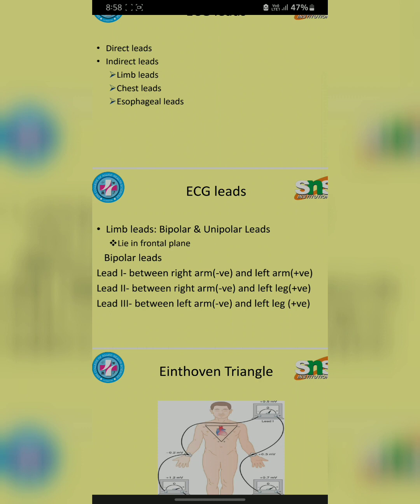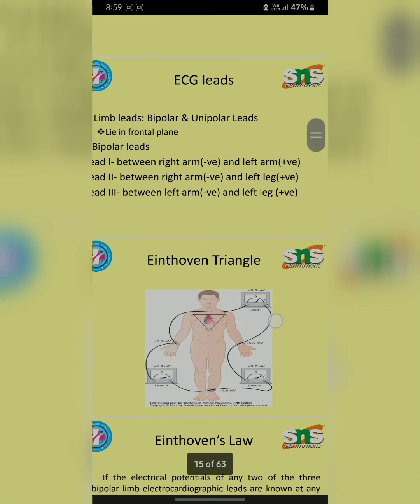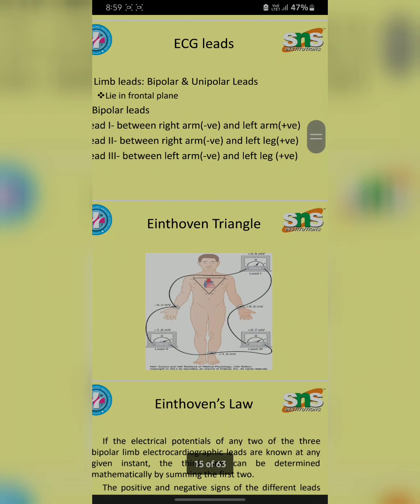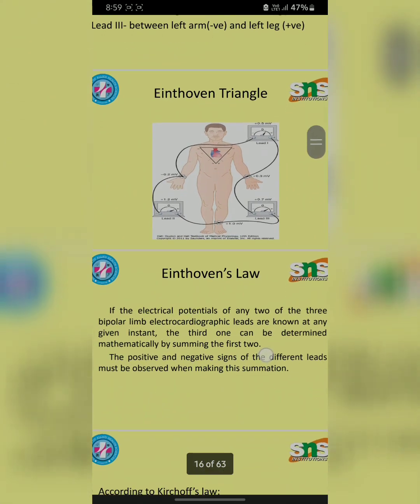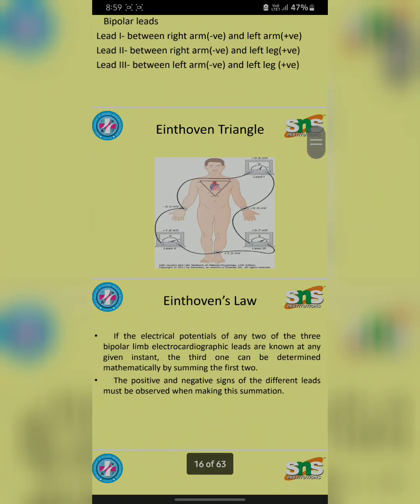Here is Einthoven's triangle. Einthoven's law says if the electrical potentials of any two of the three bipolar limb electrocardiograph leads are known at any given instant, the third one can be determined mathematically by summing the first two. The positive and negative signs of the different leads must be observed when making this summation.